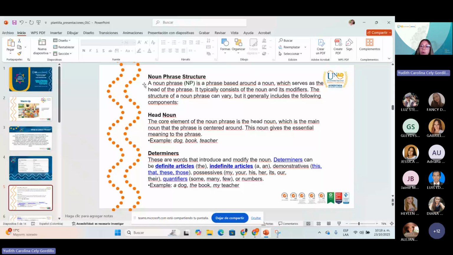It is the most important part in the statement because you are going to modify this noun that you speak about. You are going to speak about the description using the adjective, but the head noun is the most important part. What is the head noun? Like a dog, book, t-shirt. That is the book, because it speaks about one thing.